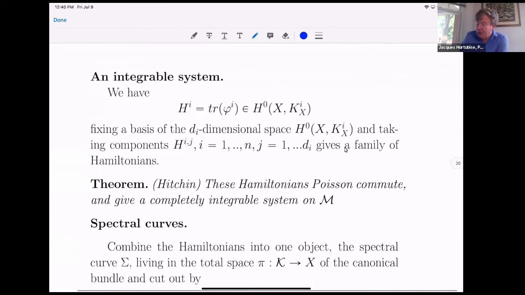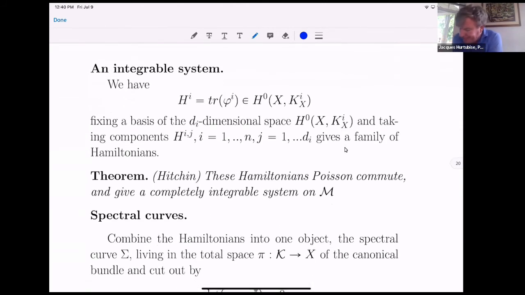Okay, so now you've got an integrable system, and this is the main actor here in some sense. The coefficients, or the functions that build up this set of commuting Hamiltonians, are basically the eigenvalues of phi.